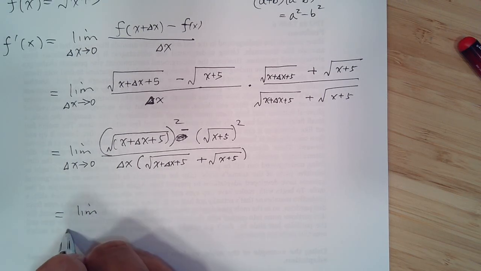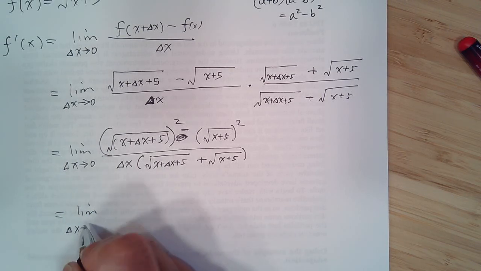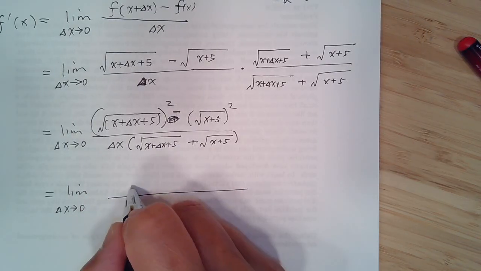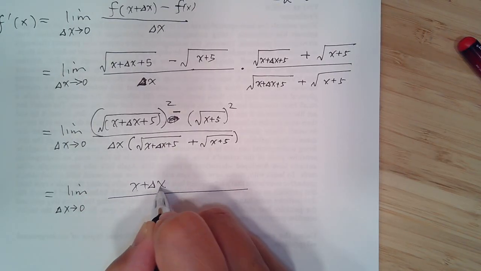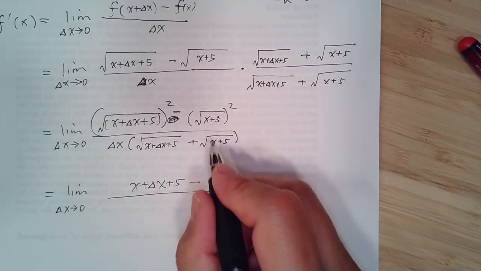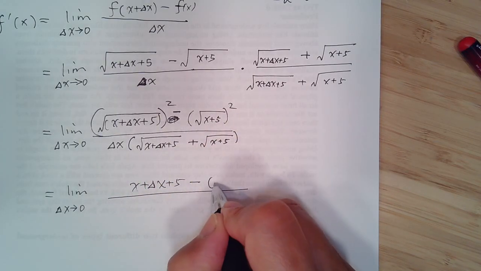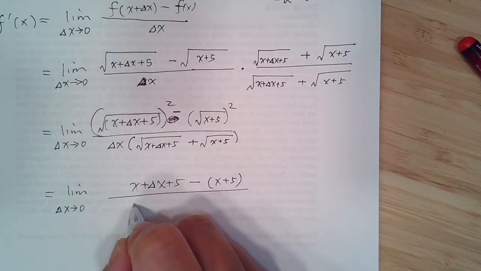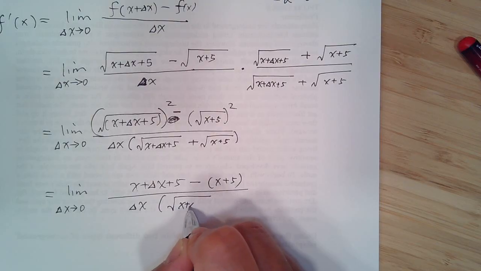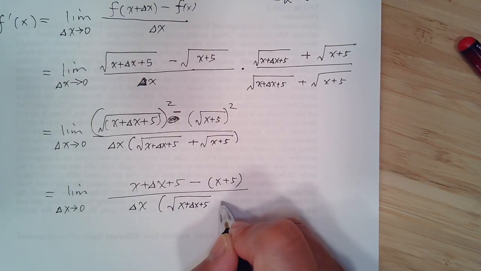So I got a limit as delta x approaches 0. And the numerator is the square root of x plus delta x plus 5, squared, and minus the square root of x plus 5, squared. So that's x plus 5. And here's delta x and the square roots of x plus delta x plus 5.